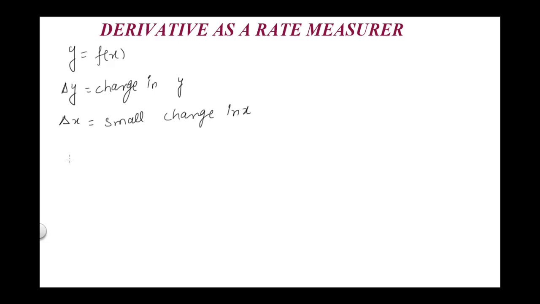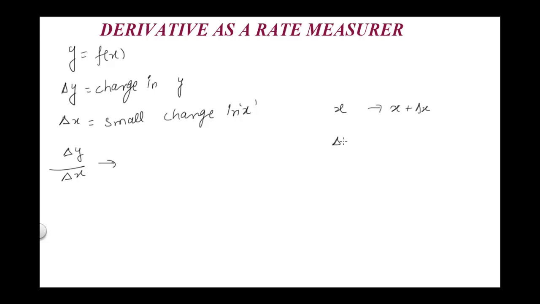So delta y upon delta x represents the average rate of change of y with respect to x. Clear? Or we can say it represents the change in y due to a unit change in x, as x changes from x to x plus delta x.